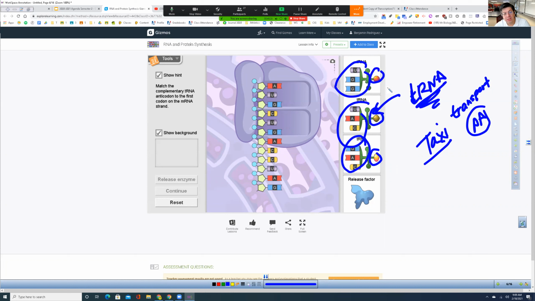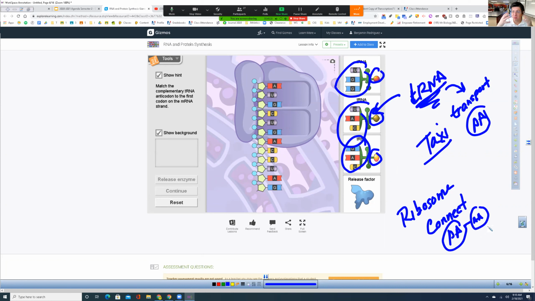And what these tRNAs are going to do is transport the amino acids to the ribosome, and then the ribosome is going to connect the amino acids together, and remember what a protein is. It's just a chain of amino acids.